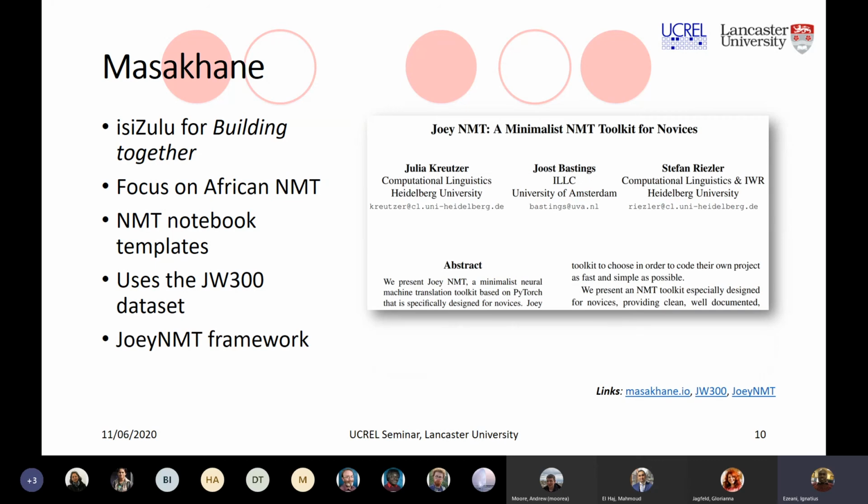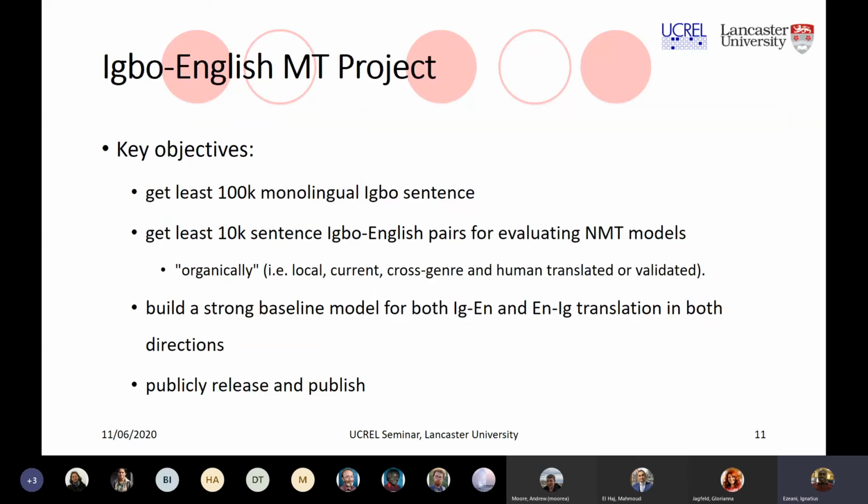And so again, we partnered with the developers of the UCREL-NMT framework to build these notebooks, the templates that you can easily use, switch your language to, and then train something very quickly and come up with an evaluation data set. So that's ongoing. But what my project is about is basically these key objectives.